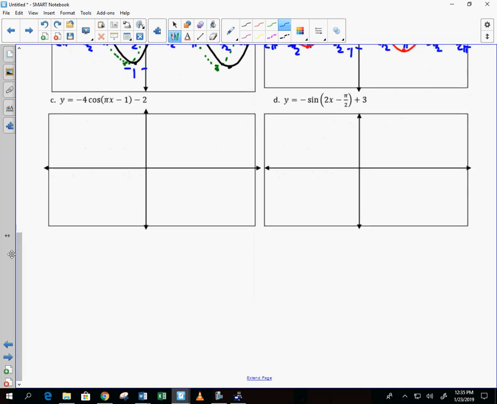Vertical shift for letter C. -2, very good. Amplitude for letter C. 4. So who can tell me the minimum value of this graph and the maximum value of this graph? 2 and -6. 2 is the maximum value, -6 is the minimum value.